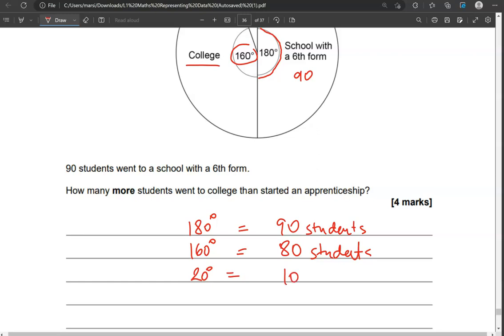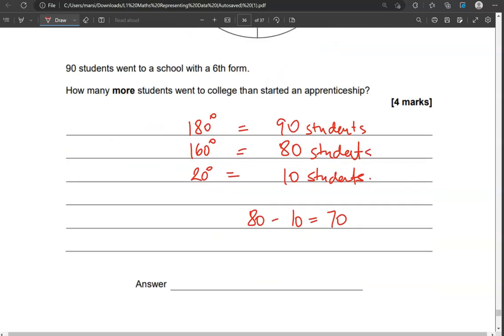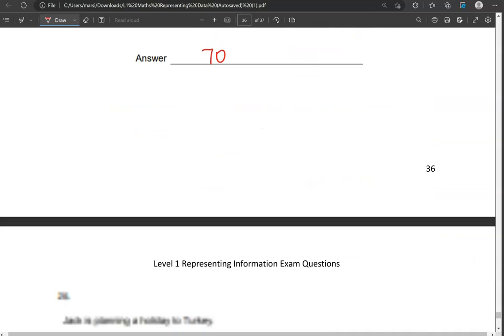So that will be 10 students. Now, how many more students went to college than started an apprenticeship? We're going to do 80, take away 10, gives us 70. So 70 more students went to college than started an apprenticeship.